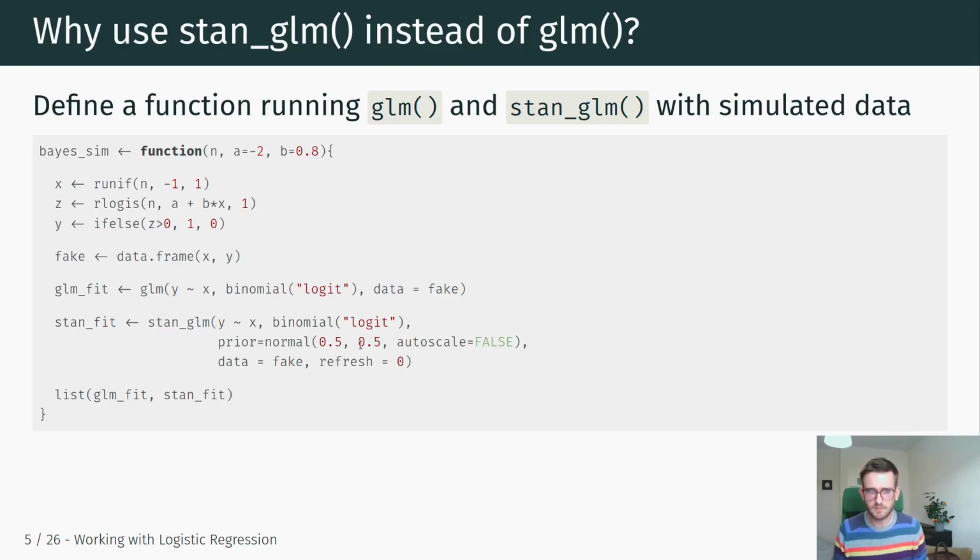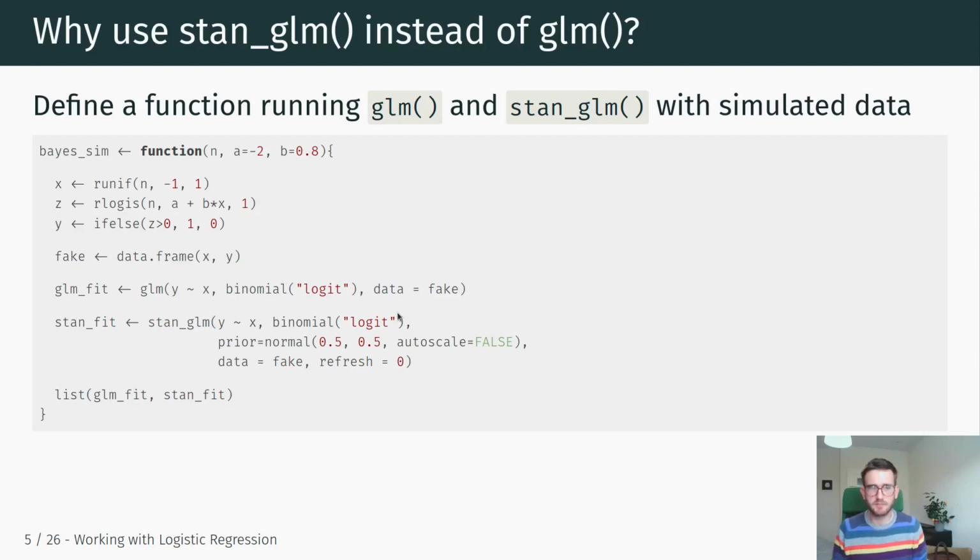The last part of this function combines the output of the GLM fit and the Stan fit into one list, and then returns that list. We're going to use that list with varying sample sizes.